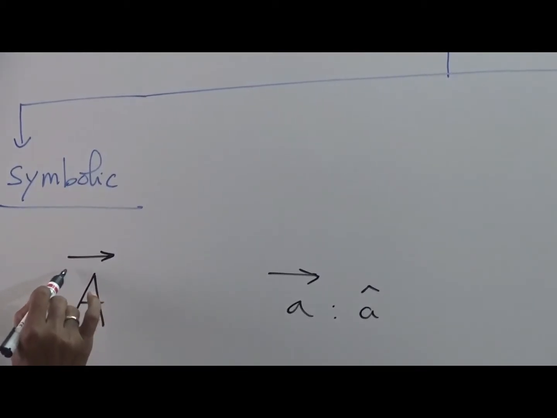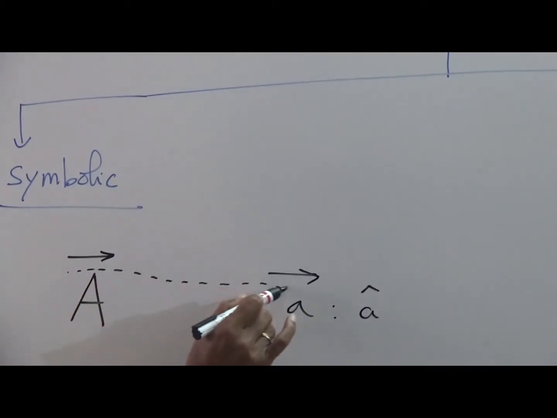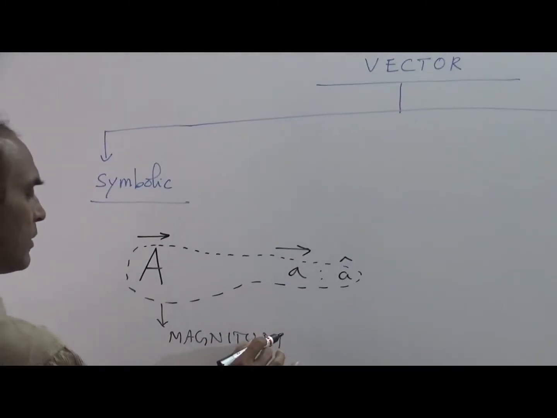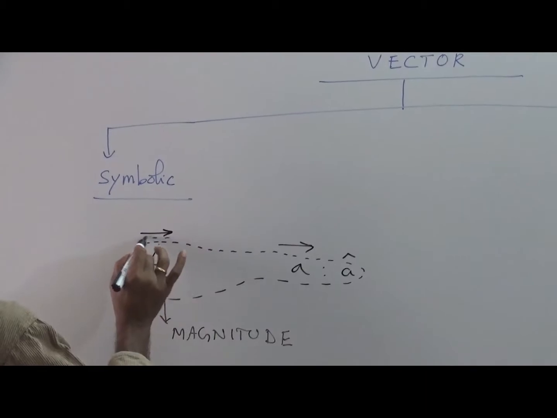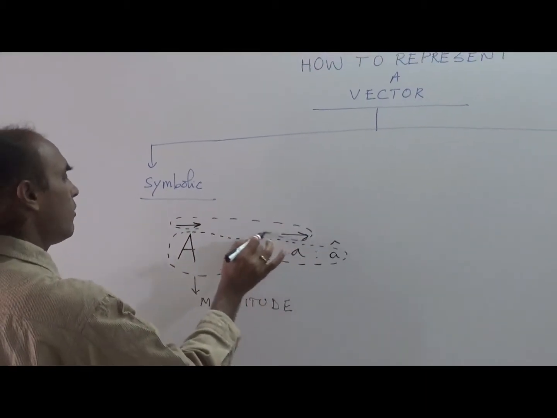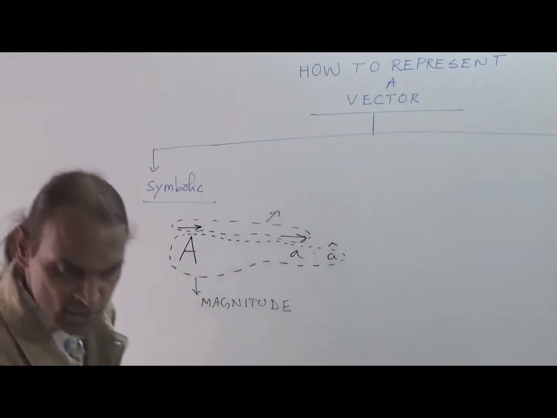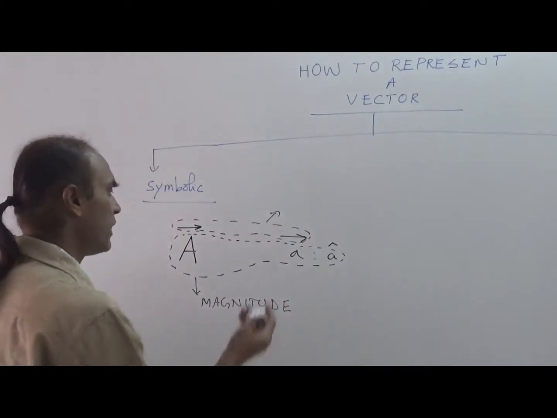The letter represents the magnitude and the arrow represents the direction of the vector quantity.